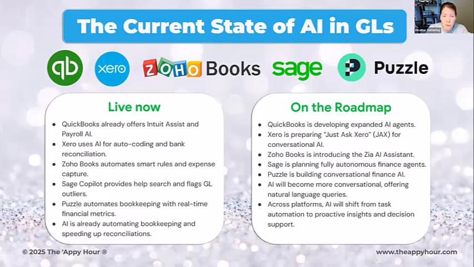I don't know this to be true, but my guess is that the AI powered bank feeds in QuickBooks are going to continually learn from how we categorize things. So it's just not there yet. As we continue to fix it, it will get better and better. And I think that's the plan.